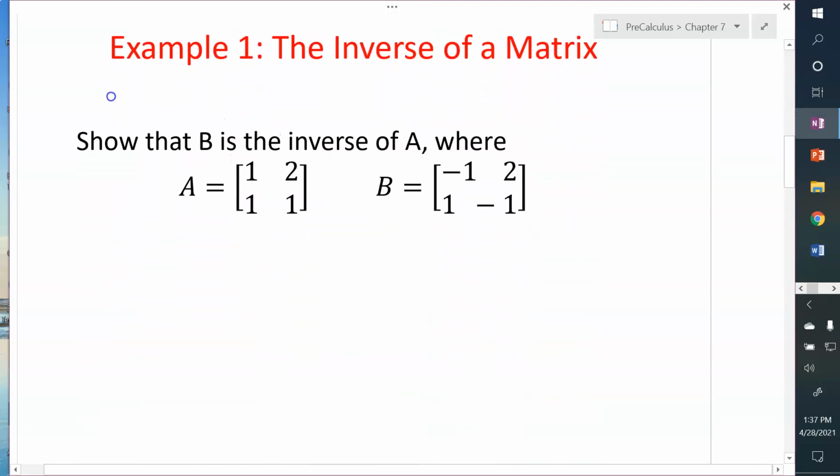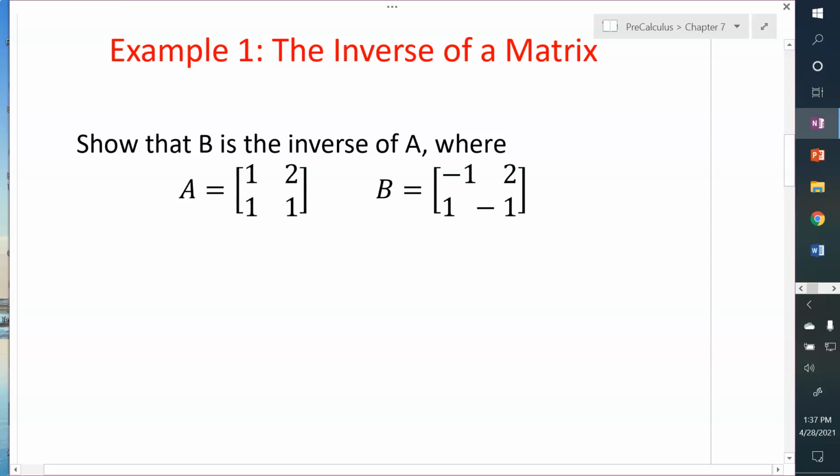So here we go. Our first problem is just showing that matrix A and matrix B are inverses of each other. When two matrices are inverses, I can multiply them together. If I take matrix A and multiply it with matrix B, I should get what's called the identity matrix, or I. A is a 2 by 2, and B is 2 by 2, so my answer should also be a 2 by 2.